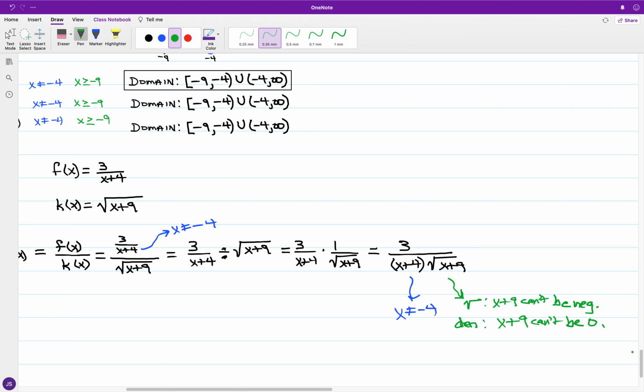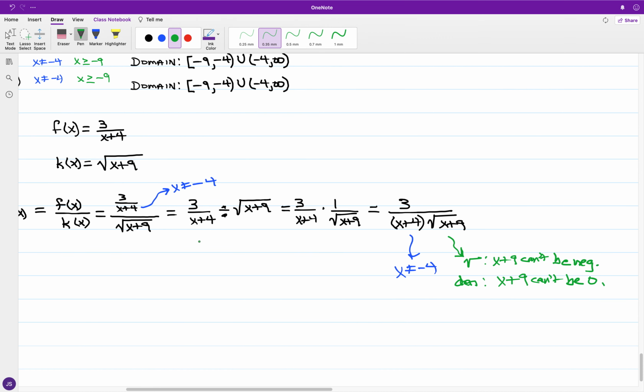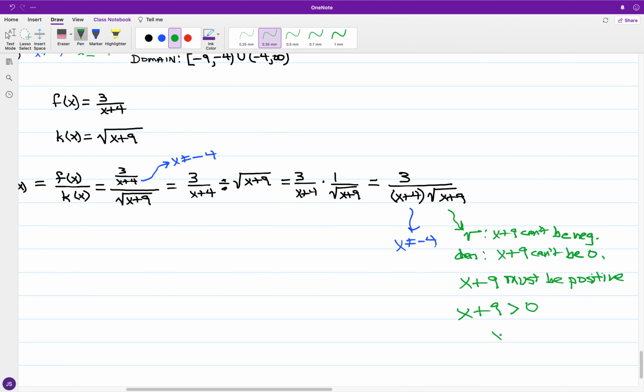So that means I have to keep k of x defined, and k of x was situated in the denominator. Not only can x plus 9 not be negative, but also it cannot be 0. So x plus 9 must be positive. So we want x plus 9 greater than 0, and so for the outcome here, we have x is greater than negative 9.